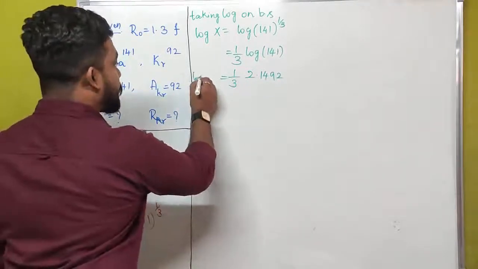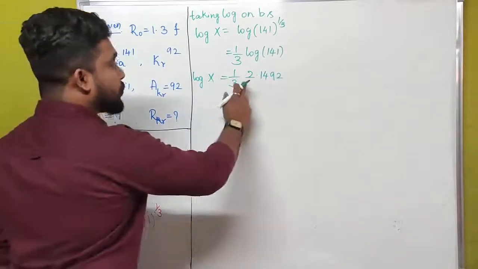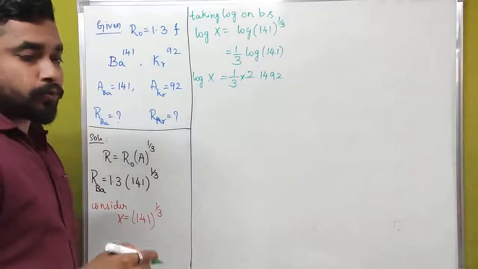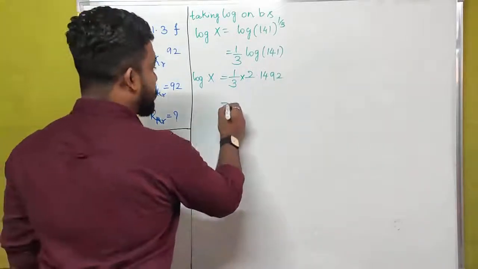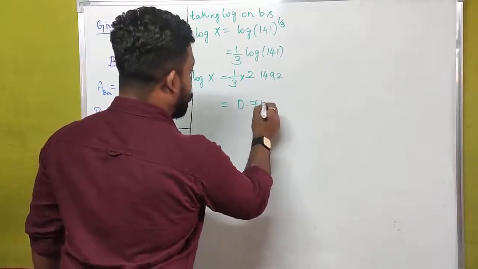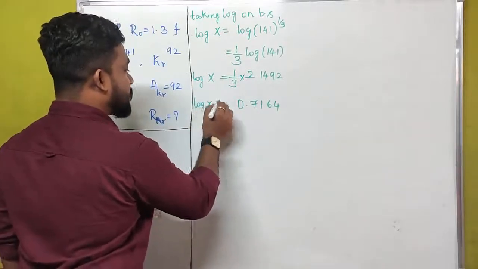Here what we have is log x, that is 2.1492 divided by 3, which is equal to 0.7164. 0.7164 is the value of log x.